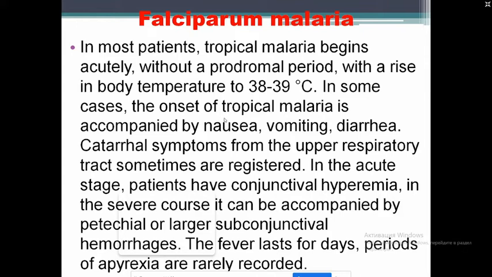Catarrhal symptoms from the upper respiratory tract sometimes are registered. In the acute stage, patients have conjunctival hyperemia. In severe course, it can be accompanied by petechial or large subconjunctival hemorrhages. The fever lasts for days. Periods of hyperpyrexia are rarely recorded.